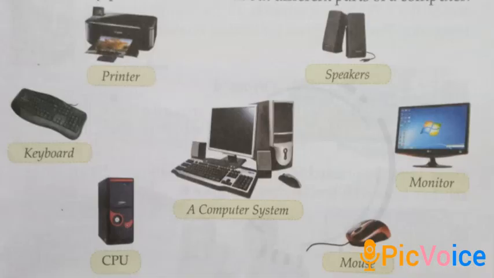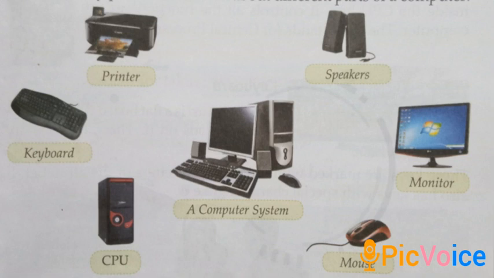My dear students, let us know more about parts of a computer. A computer has different parts such as main parts and other parts. Monitor, CPU, keyboard and mouse are main parts of a computer.